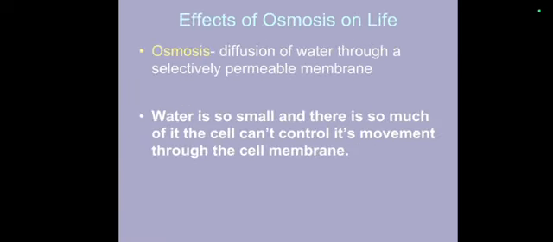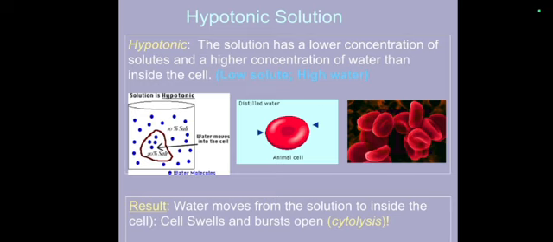Effects of osmosis on life. Osmosis is the diffusion of water through a selectively permeable membrane. Water is so small and there is so much of it that the cell can't control its movement through the cell membrane. What is a hypotonic solution? The solution has a lower concentration of solute and higher concentration of water than inside the cell.